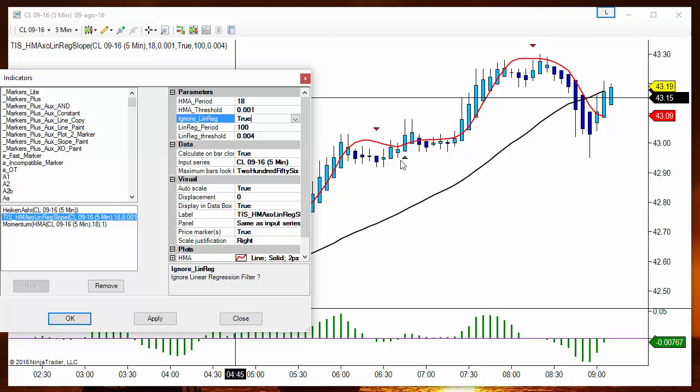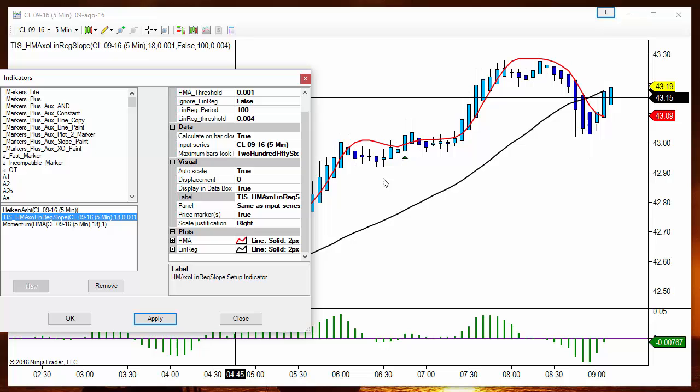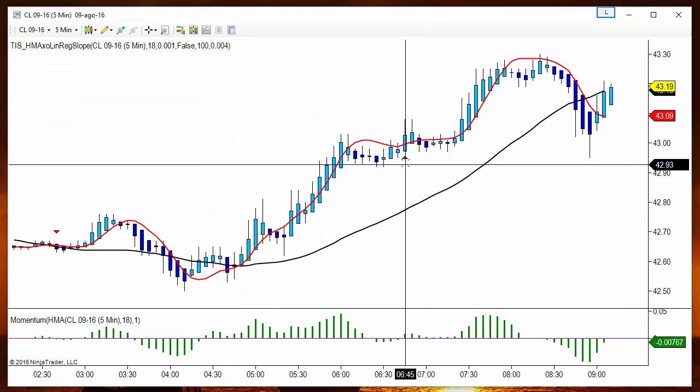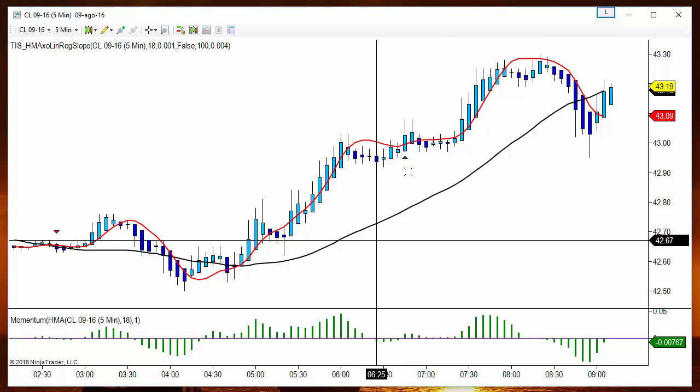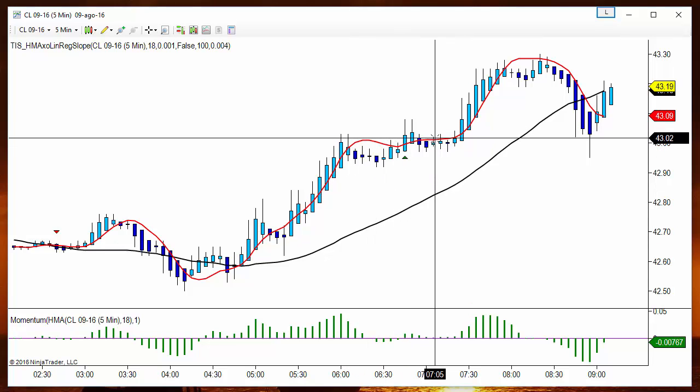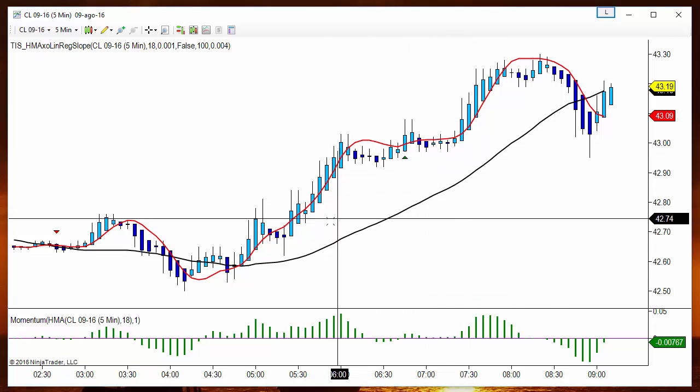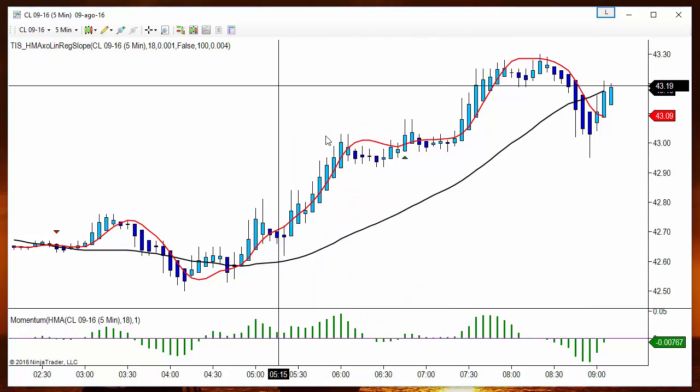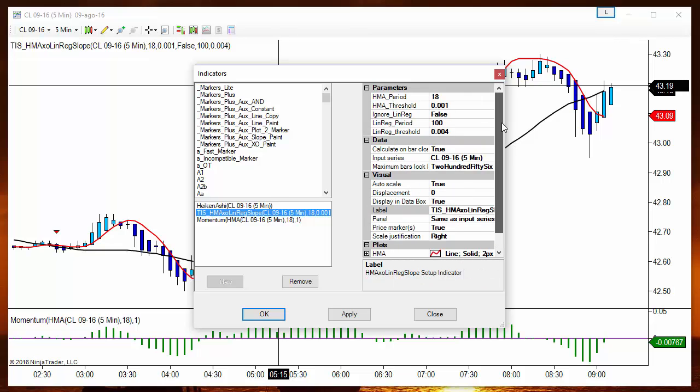If we want to filter with the trend, then we only get the long signal. So with this indicator we have everything together: the HMA crossover and the filter of the linear regression slope.